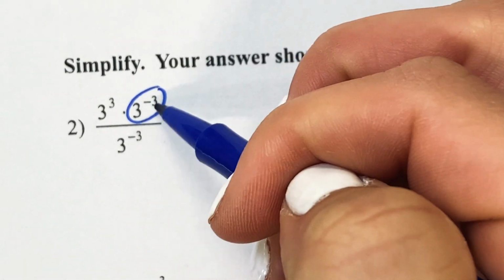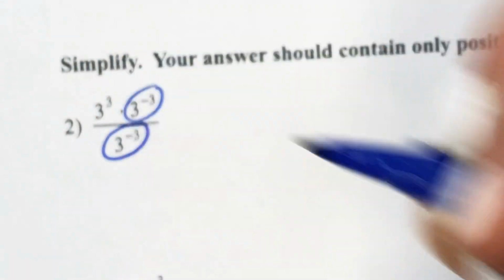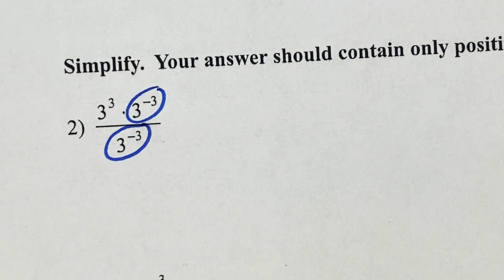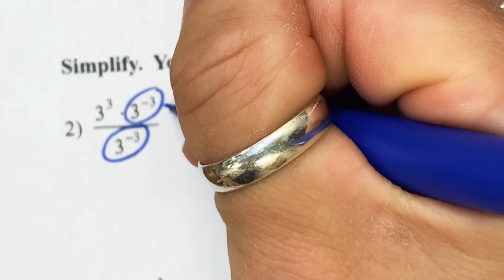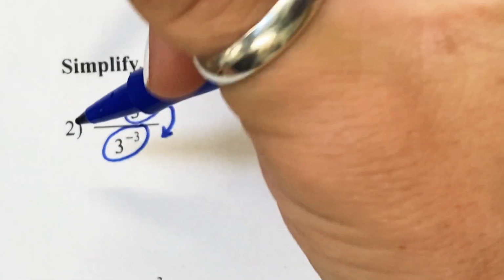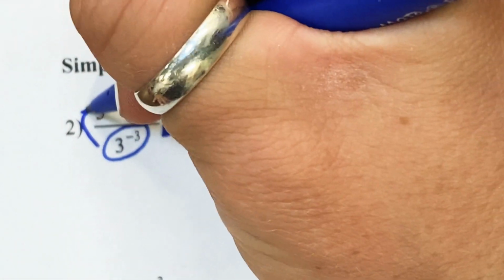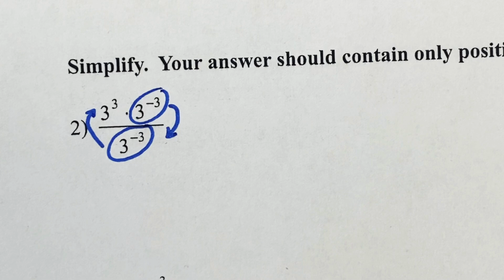I see a 3 to the negative 3 right there, and I see a 3 to the negative 3 on bottom. This 3 to the negative 3 is going to move from the numerator to the denominator, and this 3 to the negative 3 is going to move from the denominator to the numerator. It's switching. Remember, negative, think switch.